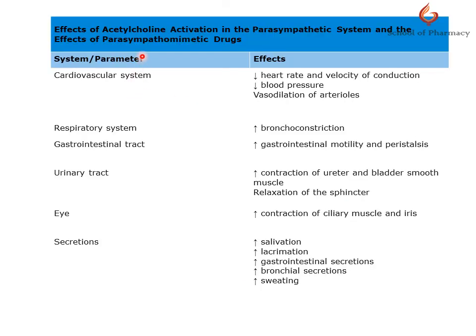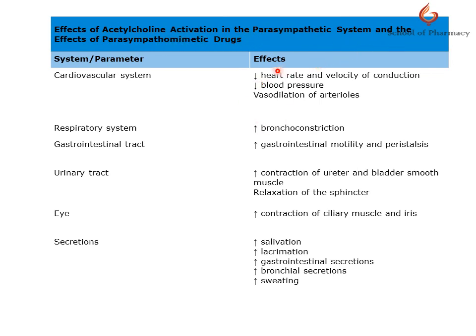Now, before we go on to acetylcholine and some structural activity relationship of acetylcholine and other drugs, we have to know the effects of acetylcholine activation in the parasympathetic system.